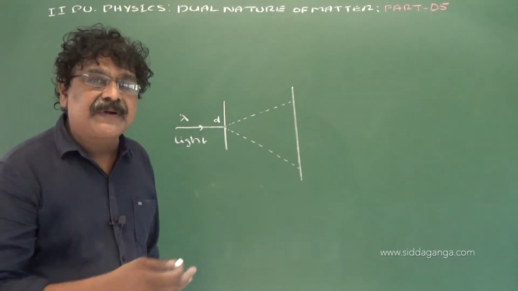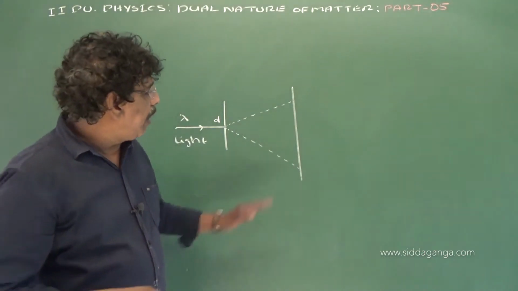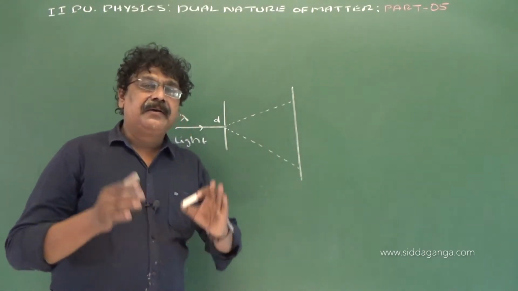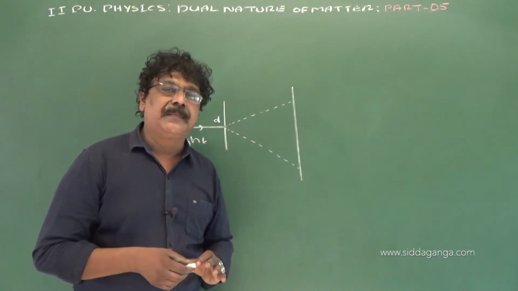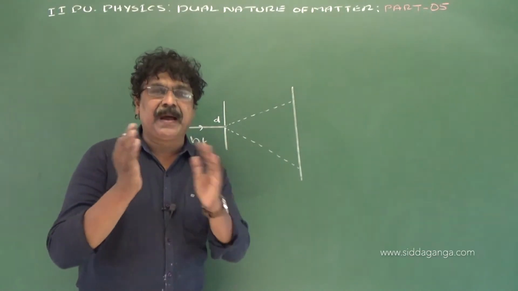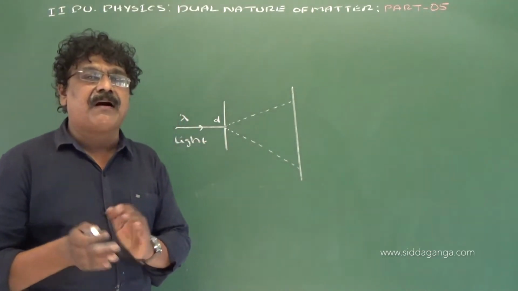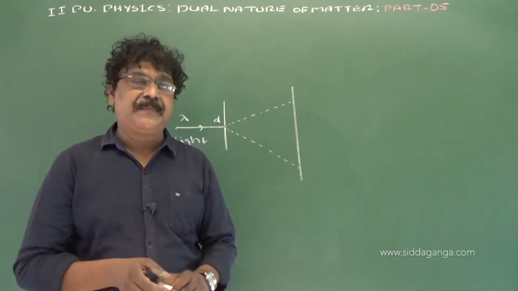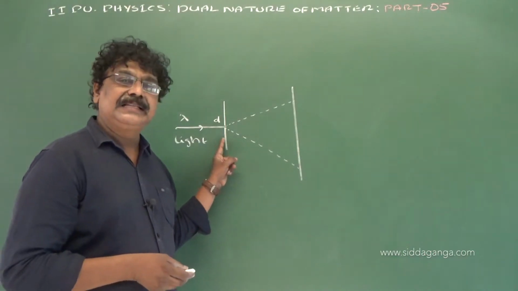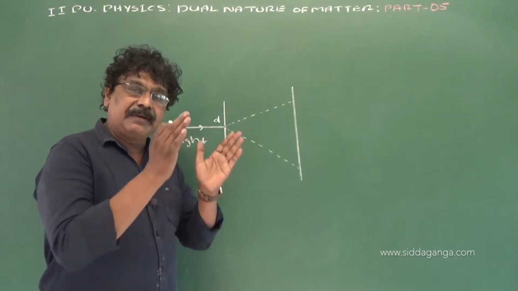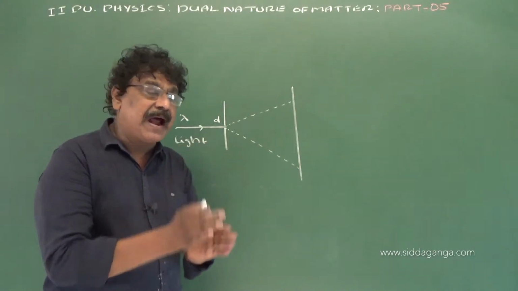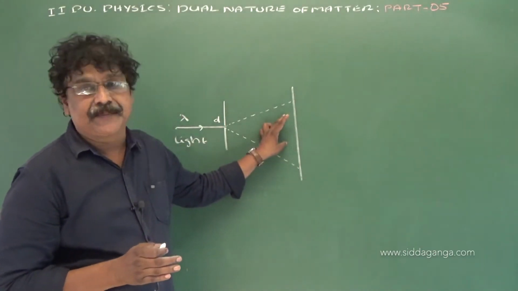As a result of diffraction of light, on the screen exactly in front of the slit, we will observe a fringe pattern consisting of alternate bright and dark bands. If the slit is a rectangular slit, we observe alternate bright and dark rectangular bands on that screen.